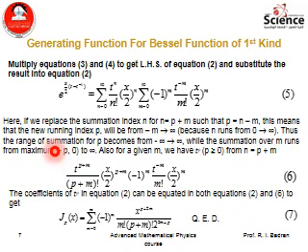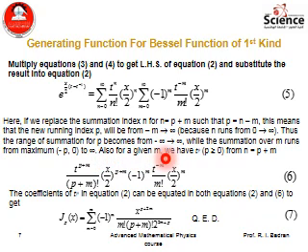So the range of summation for p becomes from minus infinity to infinity as a result, while the summation over m runs from 0 to infinity.